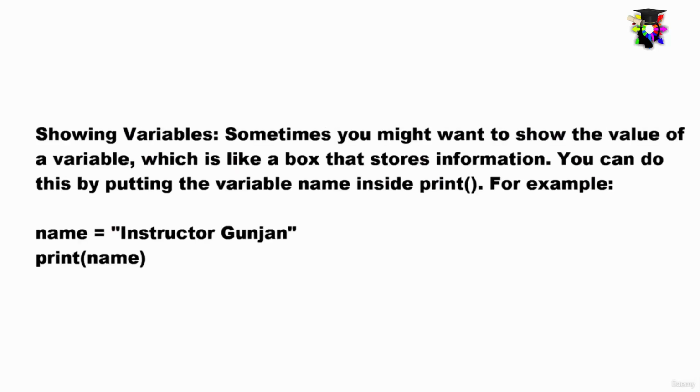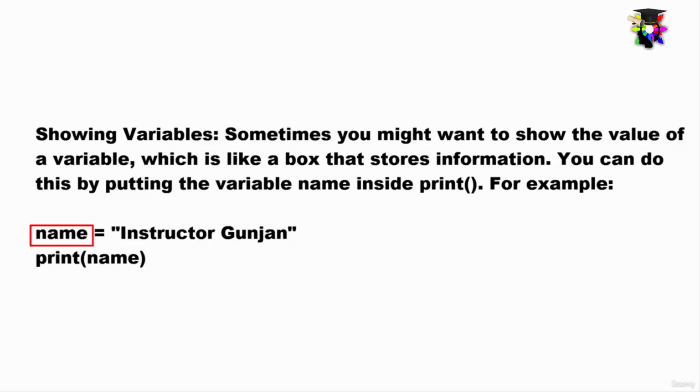Sometimes you might want to show the value of the variable, which is like a box that stores information. You can do this by putting the variable name inside print. For example, name equals, inside the double quotes, "instructor Gunjan", and print name. Here, name is like a box in which we can store anything we like, so we name it variable.